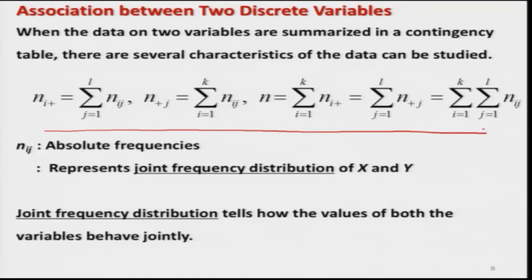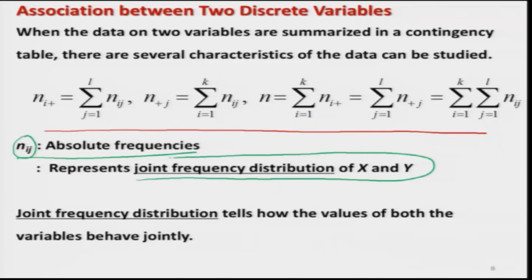As we have discussed, these Nij's are going to represent the absolute frequencies. Now, in case you try to see what these Nij's are representing, they are giving us different numbers about the choices between x and y which are occurring together. So, these values of Nij represent the joint frequency distribution of x and y.